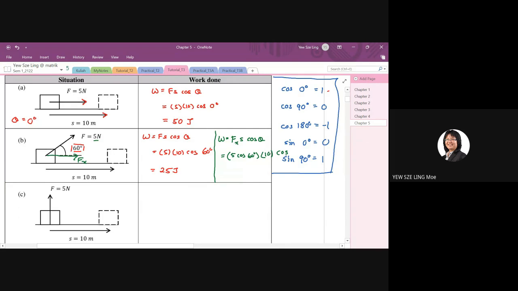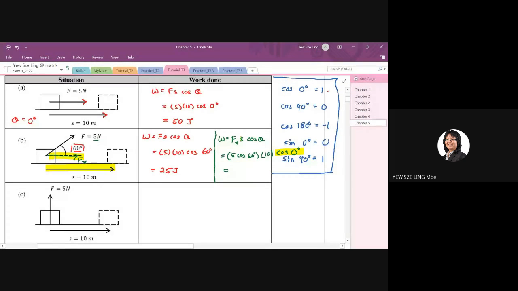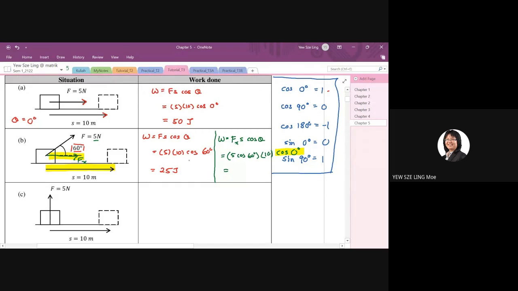But then what should you put in the second cos theta? Now you look at Fx and S. Fx is going to the right-hand side, S is also going to the right-hand side. So both of them are pointing in the same direction, so cos 0 degrees. This means the function of this second cos theta is to give you the sign convention only, either positive or negative.